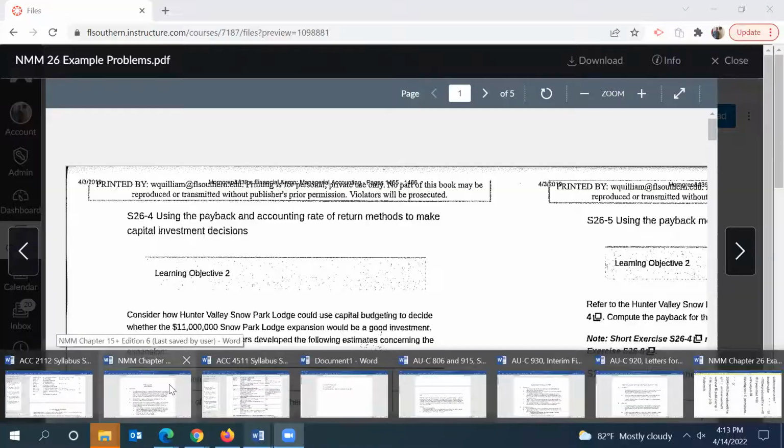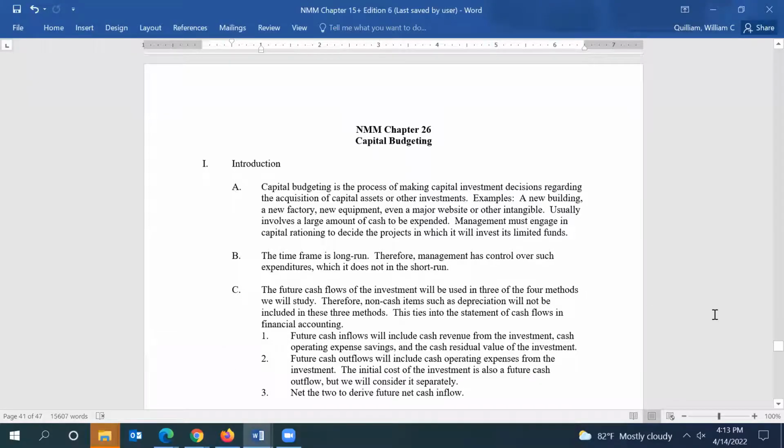A little introduction. Well, first of all, capital budgeting. It's the process of making capital investment decisions. So again, generally long-term assets. Do we spend our money on this building, for example? Regarding the acquisition of capital assets or other investments.